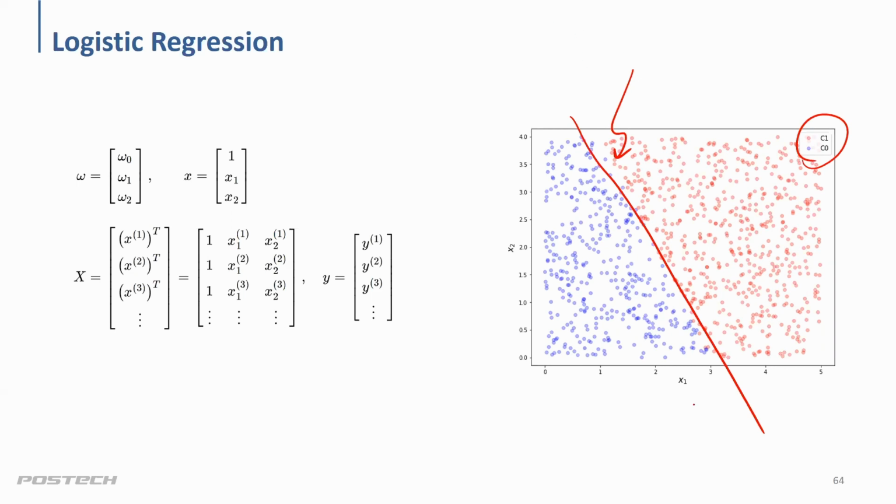Here we have x1 and x2. The boundary g of x is zero: omega 1 x1 plus omega 2 x2 plus omega naught, or omega transpose x, or x transpose omega, is equal to zero. If you remember from the previous lectures, those are the notations that I used to represent this.